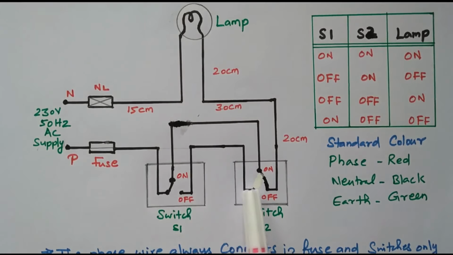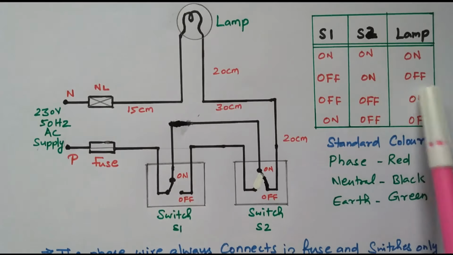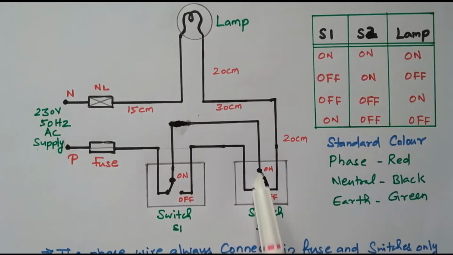But here terminal 3 is in open condition. Here there is no connection, so the lamp will be off. So in the first condition, both are on and the lamp will glow. If you switch off S1, the lamp will be off because it is disconnected. There is no connection here. Now the connection is available like this in the off condition.